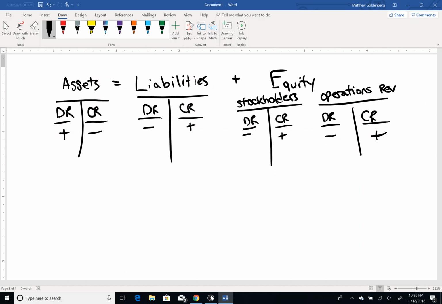Now, the other thing to note here and how this equation is set up is another fundamental equation of accounting. This is one that you need to memorize. It's debits have to always equal credits.